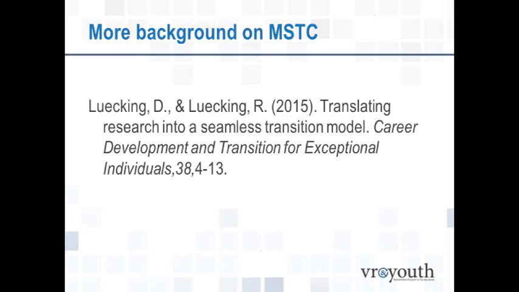Half of the students who are recruited will be in what we call the enhanced services group. They will receive the services in this model, and then the other half will receive services as usual, or in the lingo of research, they will be in the control group.